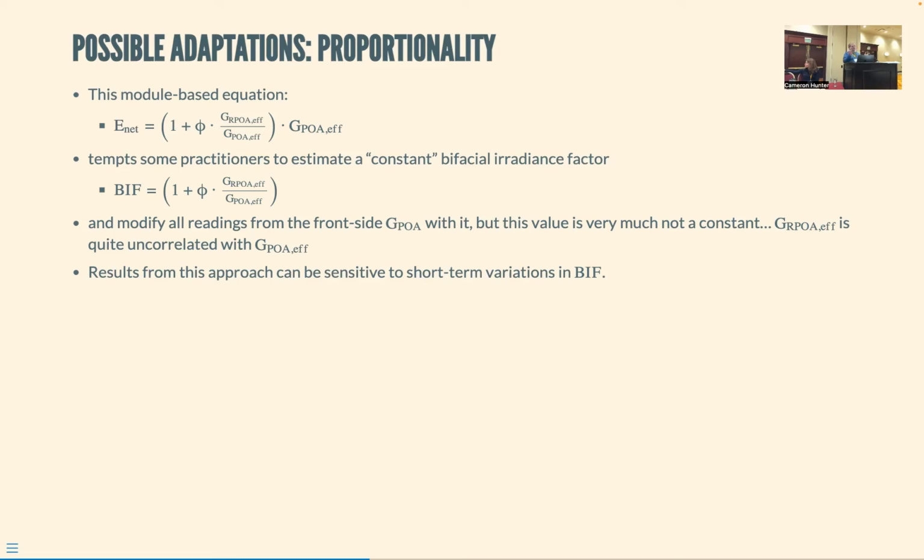So I've seen capacity tests constructed to say, let's figure out what the bifacial irradiance factor is, and then just adjust all the front side irradiance measurements. That doesn't do a very good job.